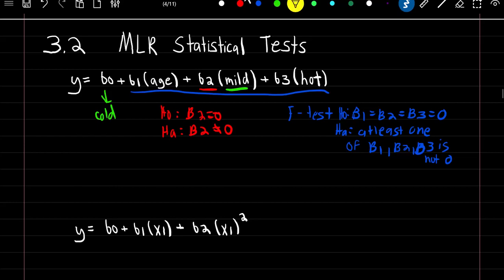Then we can do a partial f-test, say if we wanted to see if cold, mild, or hot was statistically significant. In which case we would do beta 2 is equal to 0, and beta 3 is equal to 0 will be our null hypothesis.